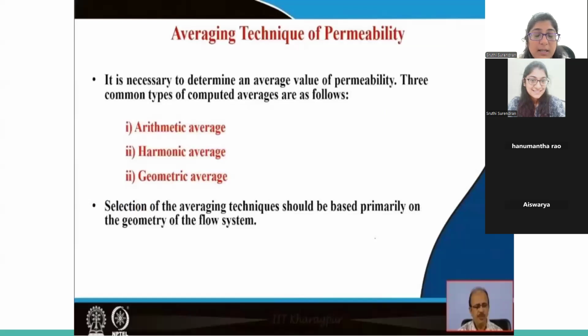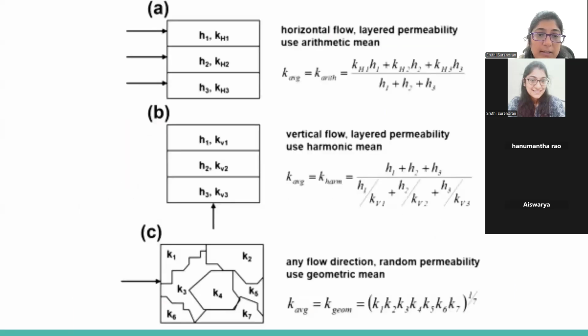There is a numerical that has been talked about in the lecture series. We know in mathematics what averaging is using the arithmetic technique, harmonic technique, and geometric technique. If the flow is horizontal, then you have to find the average permeability by multiplying the permeability of each layer with its depth, and then dividing by the sum of the thicknesses.